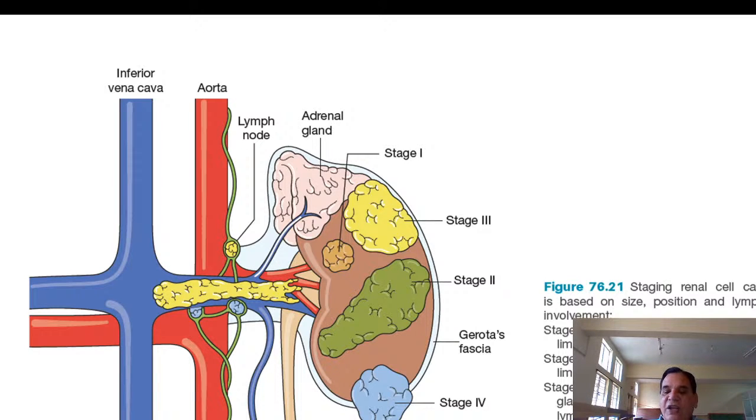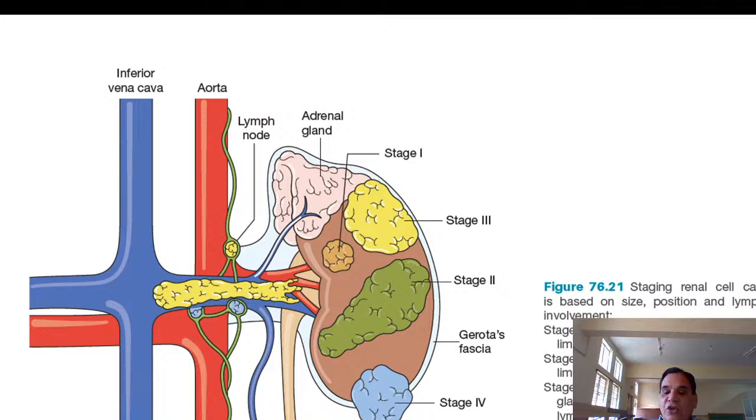What is stage 3? Tumor in major veins, because these malignancies grow along the renal vein. That is why in surgery, renal vein and artery must be ligated first. Vein has to be ligated first so that clot does not go above the renal vein.